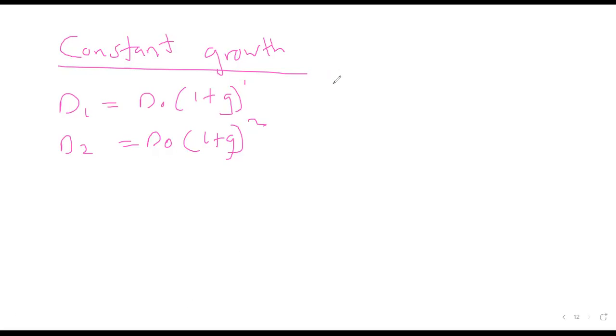Using Gordon's model, the value of stock is simply D0(1 plus growth) over K minus G, where K is the discount rate and G is the growth rate. From here, D0(1 plus G) is simply D1. So I'll just leave it as D1 over K minus G.